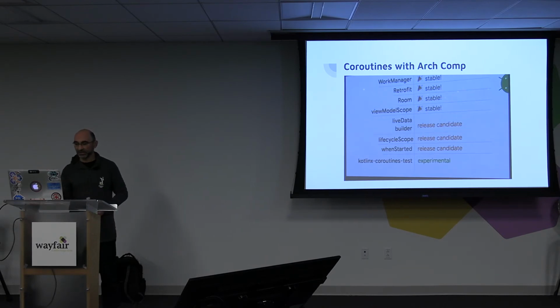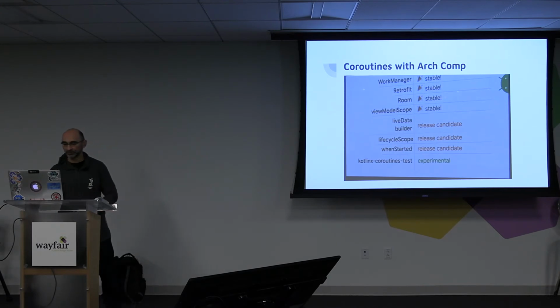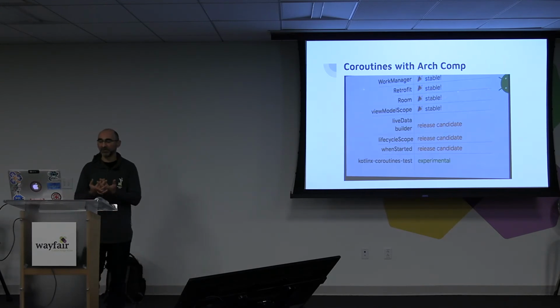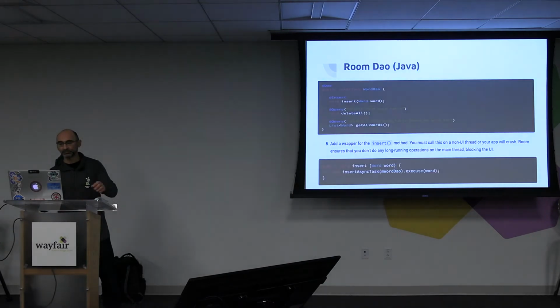Room has suspend functions and they're stable. The viewModelScope, which we're going to talk about in a little bit, is stable. The liveData builder, lifecycleScope, and whenStarted are release candidates, and the Kotlin coroutines test library is experimental, moving to release candidate, and will be stable in the future. So coroutines are fundamentally changing how we do Android development.